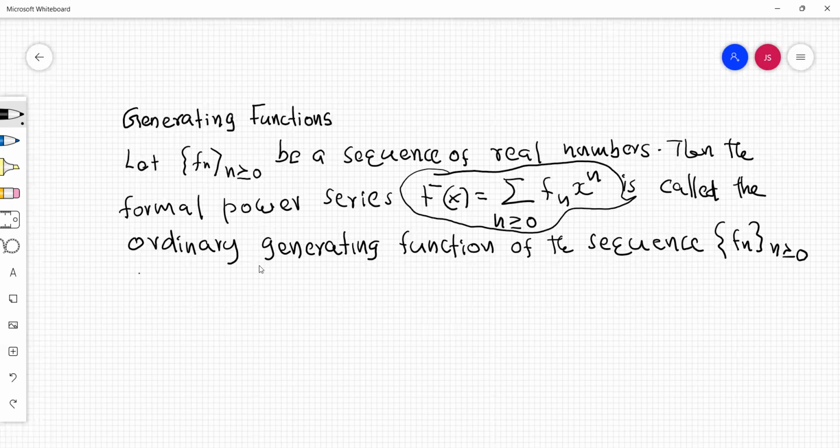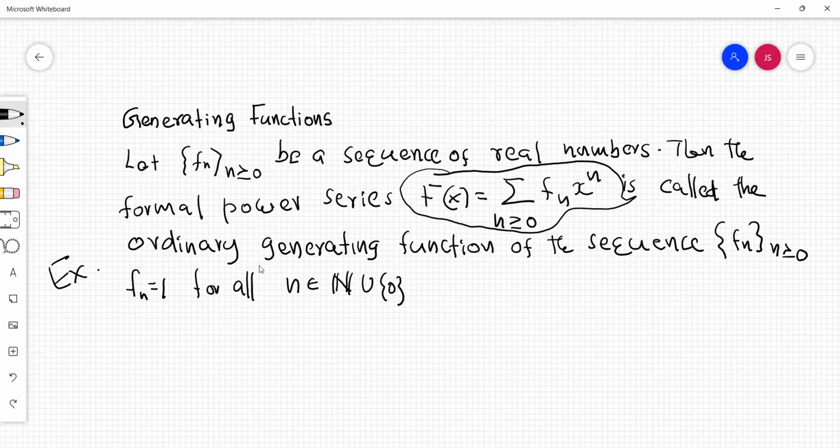Now let's begin with some examples. Fn is equal to 1 for all n belonging to the natural numbers.